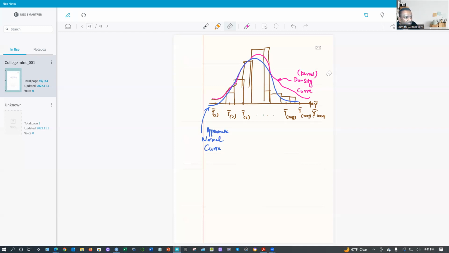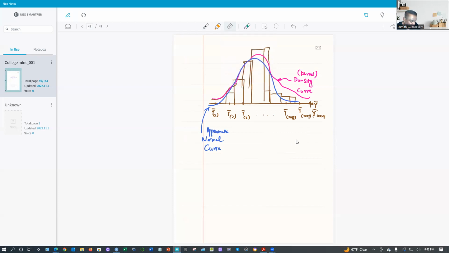Now I'm going to think, out of this one, which ones would be in the middle? Out of all these Y bars, I need the 95% confidence interval.